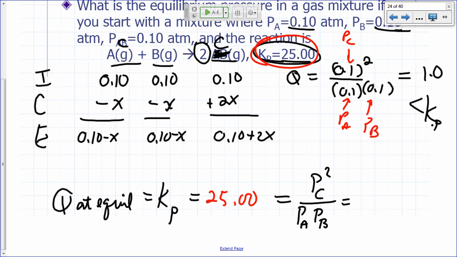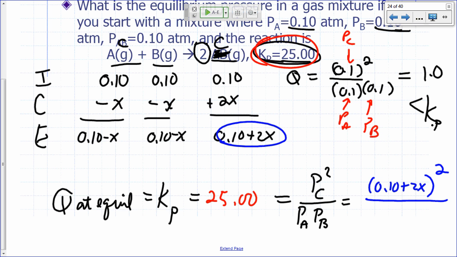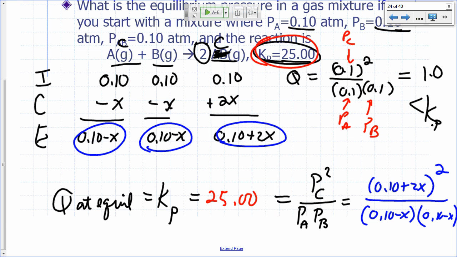What's pressure of C squared? What's pressure of C? 0.10 plus 2x, squared, divided by pressure of A, which is 0.10 minus x, and pressure of B, which is 0.10 minus x.